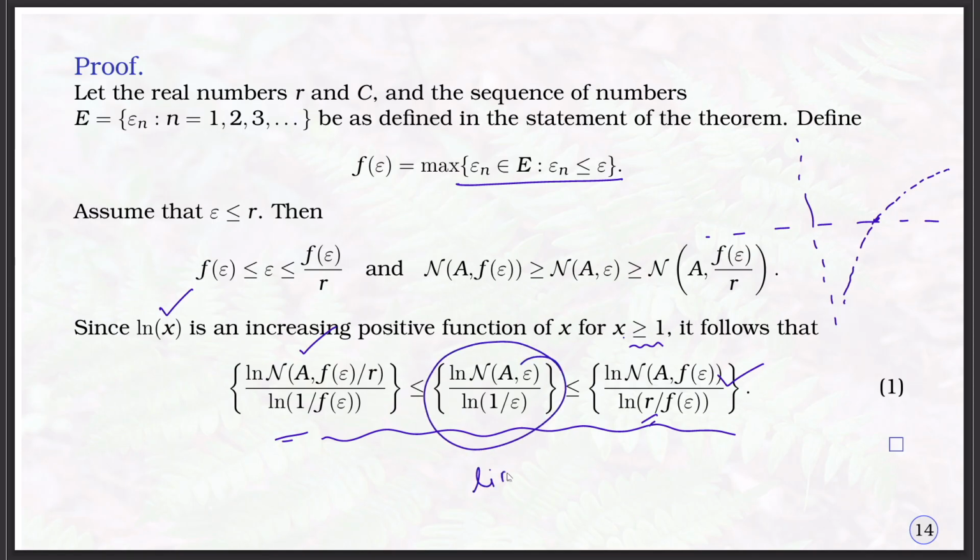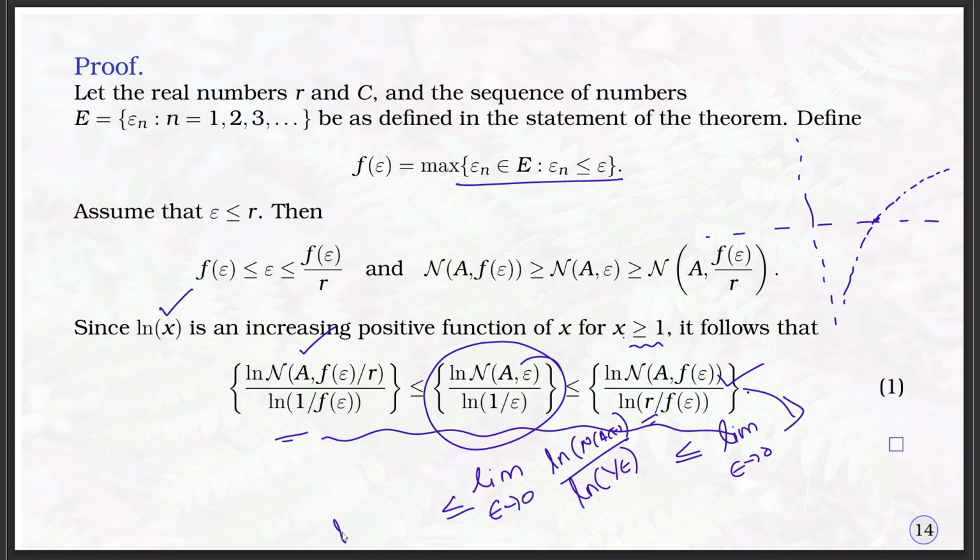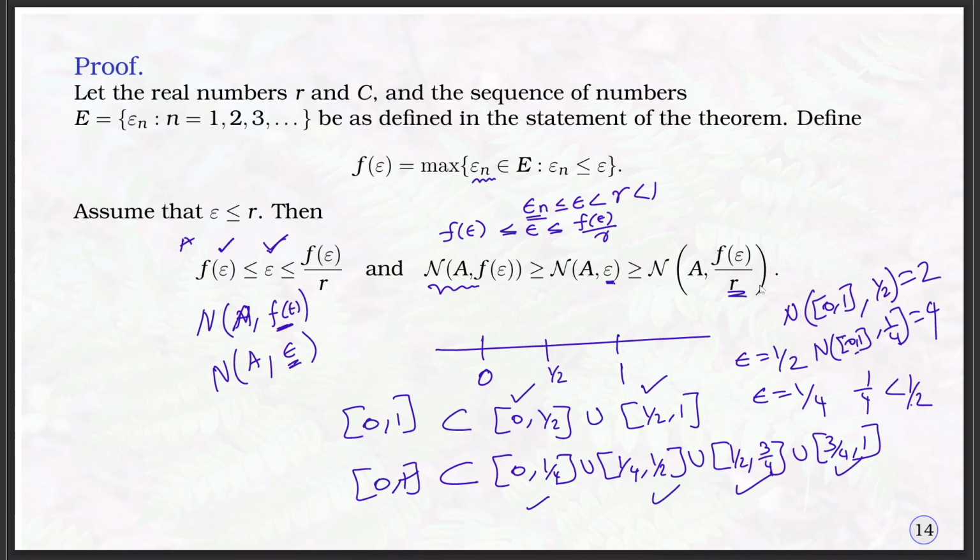The limit as epsilon tends to 0 of ln N(A, epsilon) over ln of 1 over epsilon is less than or equal to the limit as epsilon tends to 0 of this term and greater than or equal to the limit as epsilon tends to 0 of this quantity.